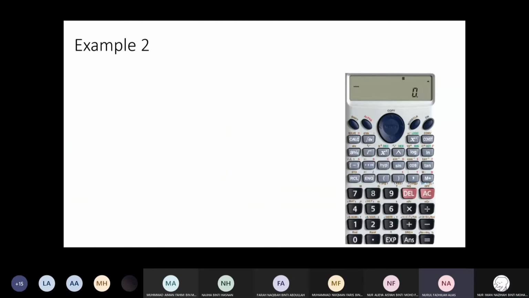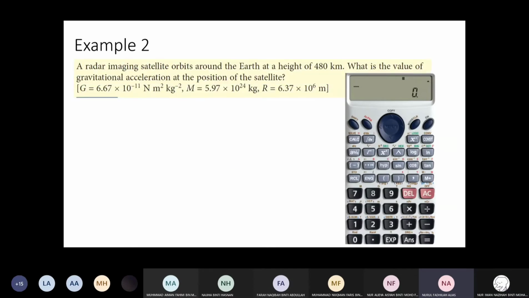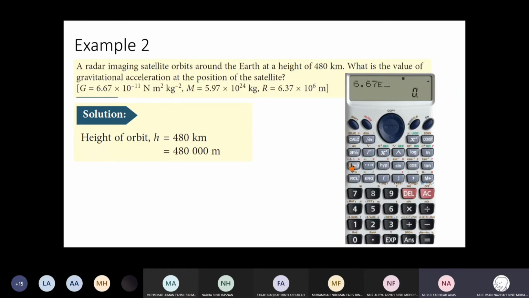Alright, let's continue example number 2. Example number 2. Okay. Answer, anyone? So what do you know? Okay, we are given the height of the satellite. The satellite is 480 kilometer, 480 kilometer from the Earth's surface. So what is the value of gravitational acceleration?